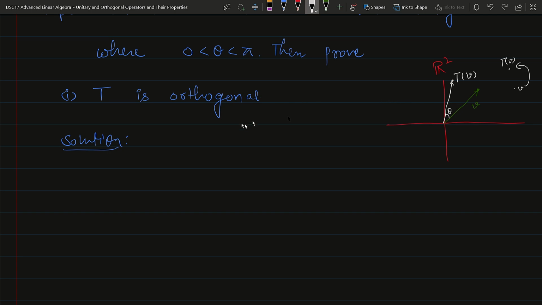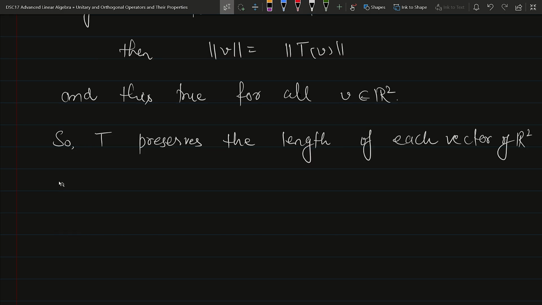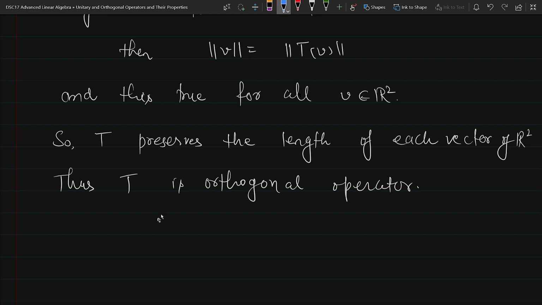So what we can write that since T only rotates each vector in R square by an angle of theta, thus T is orthogonal operator. ठीक है.